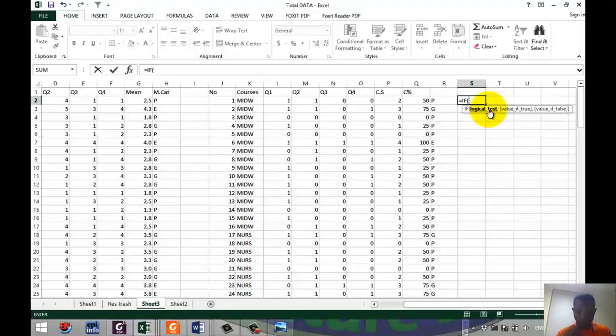Very good. So this is the formula. Listen very carefully. IF cell 2 is greater than or equal to 80, then a comma. Don't write THEN.